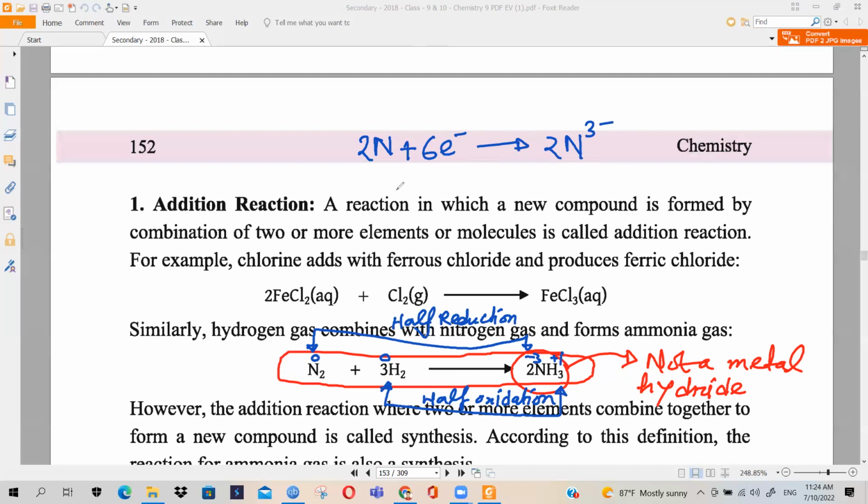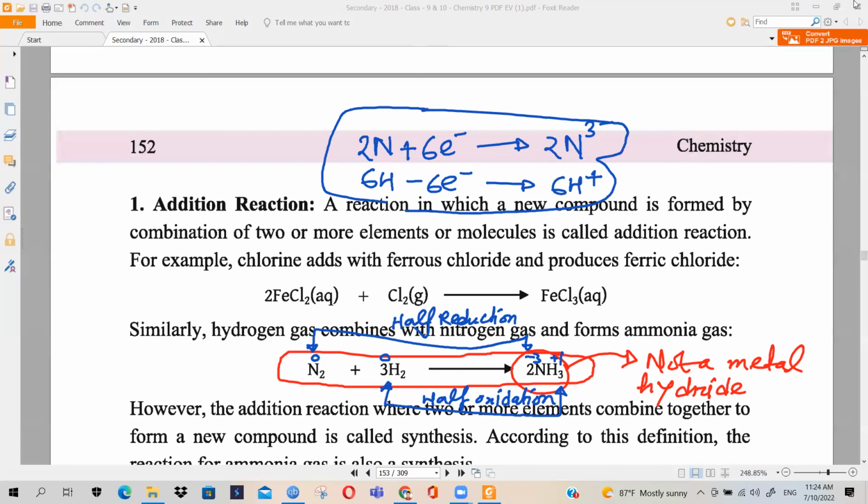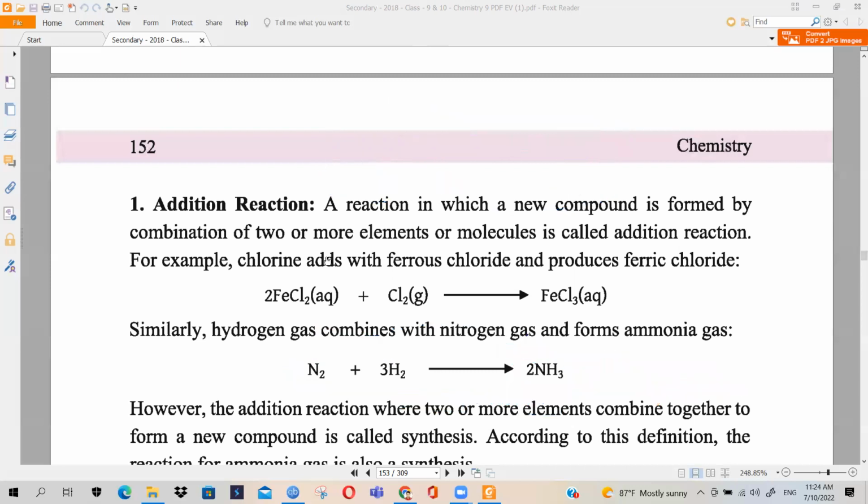And then 6H minus 6e minus becomes 6H plus. Did you write these two equations? Yes. Okay, excellent. So you have understood how to balance the oxidation and reduction reactions as well. That's good.